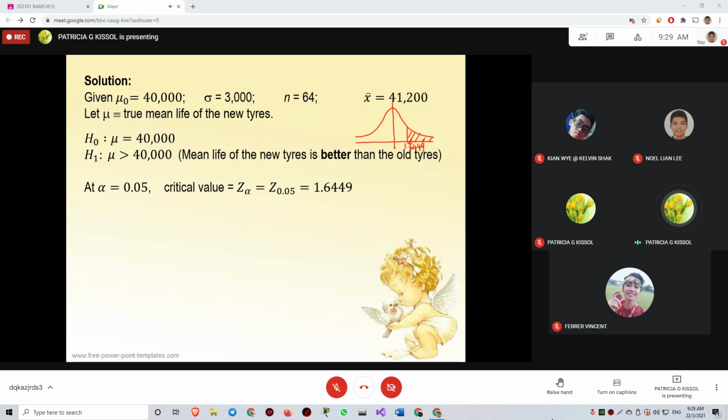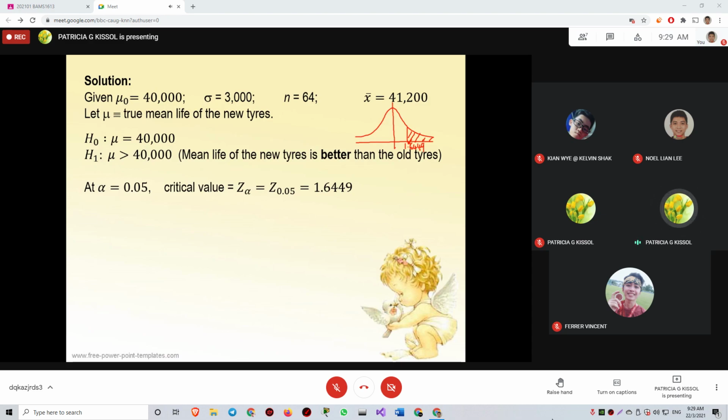The shaded area that I've drawn is the area where we reject the null hypothesis, whereas the rest of the area is an acceptance area. So once you have determined 1.6449, that's the position, just a sketch basically.